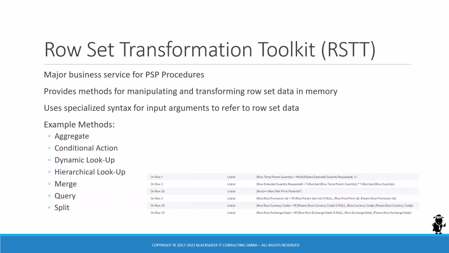A business service that we mentioned in the previous slides is the Rosette Transformation Toolkit, and we have a separate chapter on that. So just a quick briefing on this major business service. This business service is used throughout all of the PSP procedures, the product selection pricing procedures, which is just another name for workflow process. So it's a business service used in workflow processes, but it's a very highly specialized business service that provides methods for manipulating and transforming the Rosette data, hence Rosette Transformation Toolkit.